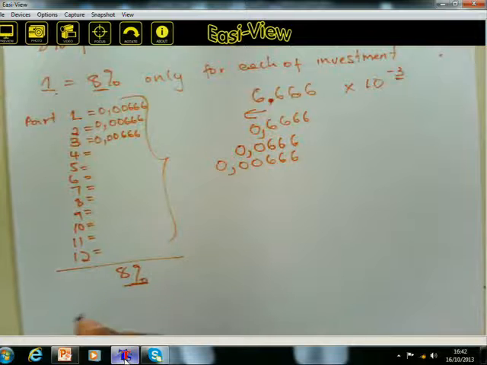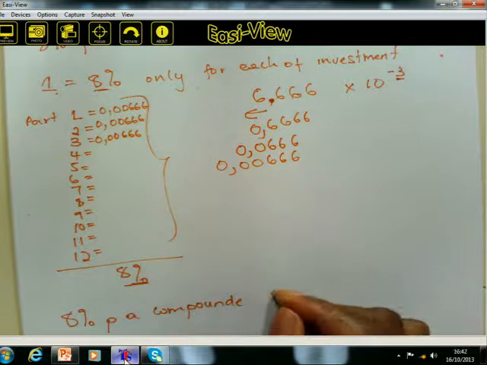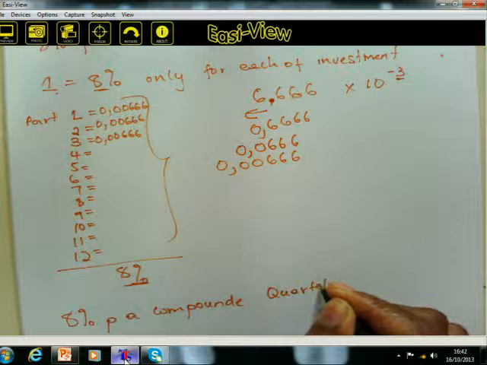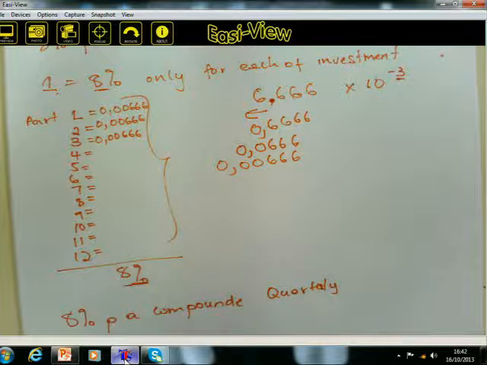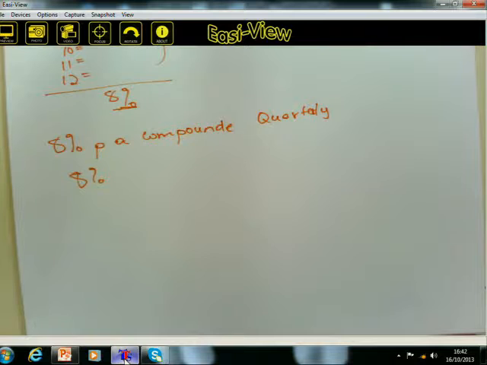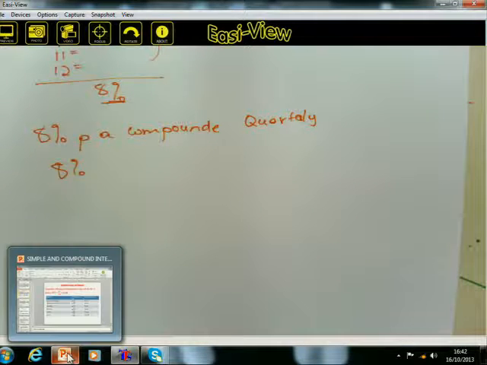Let's take the very same 8%. The instructions say 8% per annum compounded quarterly. So now again, the 8%, let's just go back a bit to see what we said is happening there.